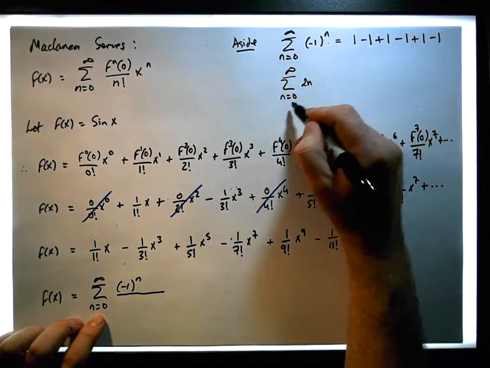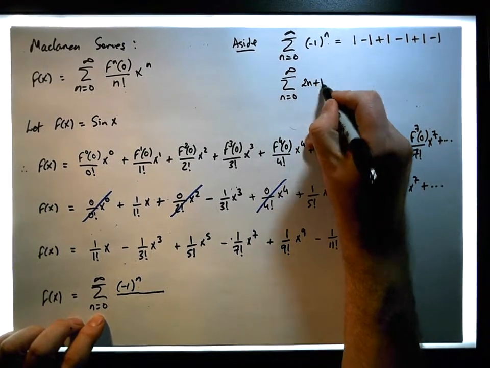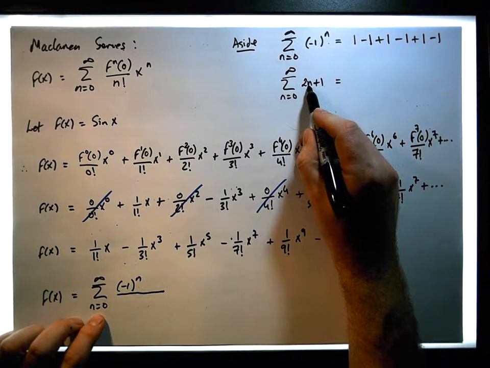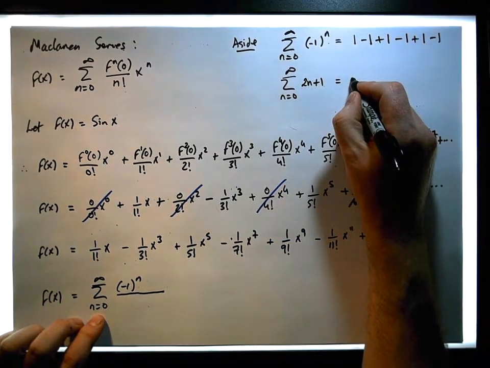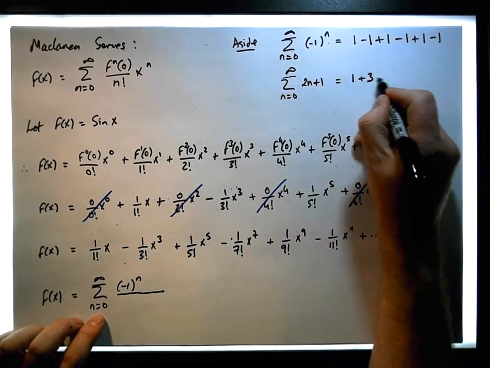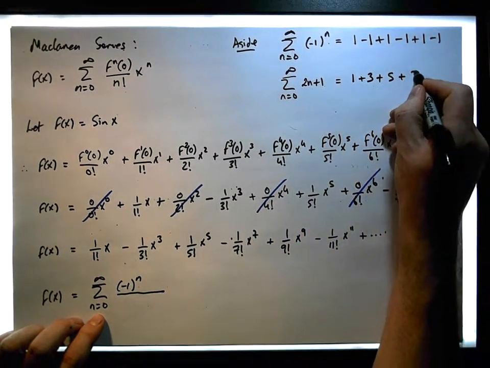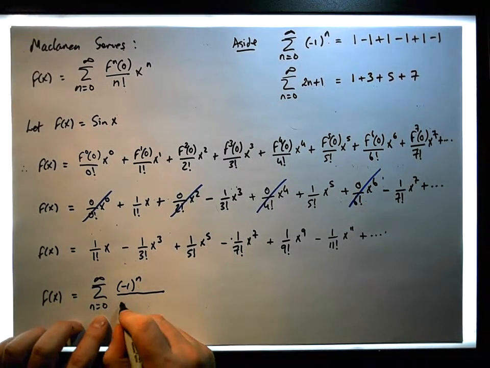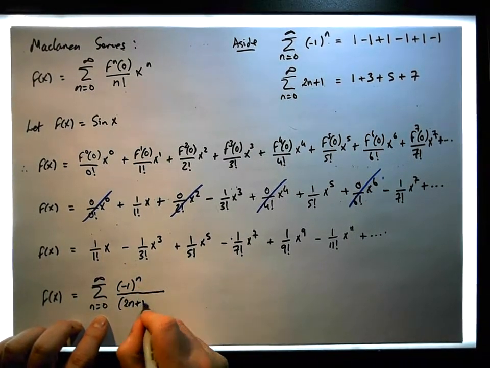Well, of 2n just gives, that's the even numbers. 2n plus 1 gives us the odd numbers. Isn't that right? Okay, that gives us, when n is 0, that gives us 1. When n is 1, that gives us 3, 5, 7, and so on. So actually, the factorial amounts over here are effectively 2n plus 1 factorial.